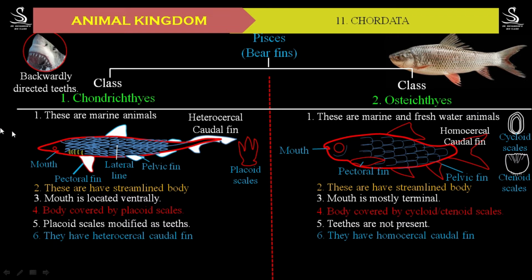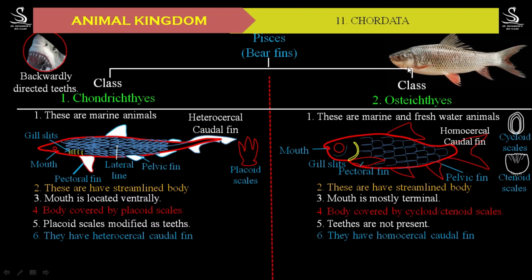Then we are observing in Chondrichthyes fishes, the gill slits are over here. But these gill slits are not covered by operculum. In Osteichthyes fishes, the gill slits are covered by operculum. Please look at this picture. You are observing a covering over here.